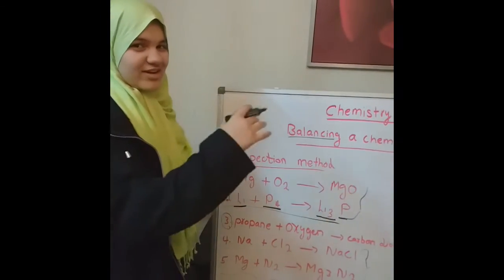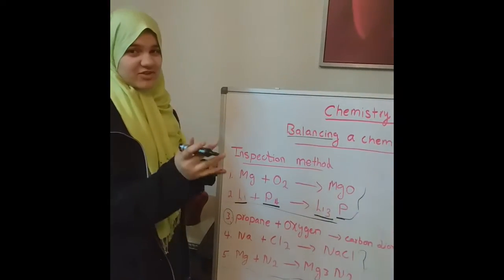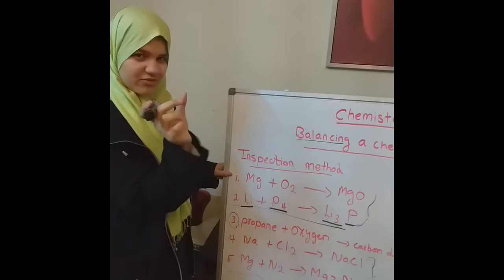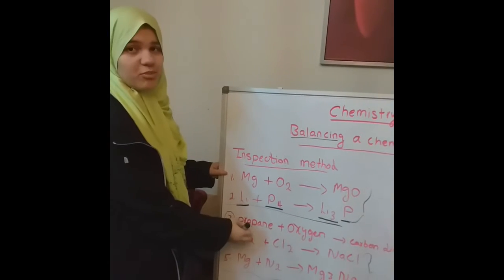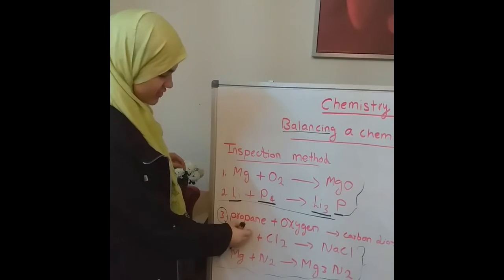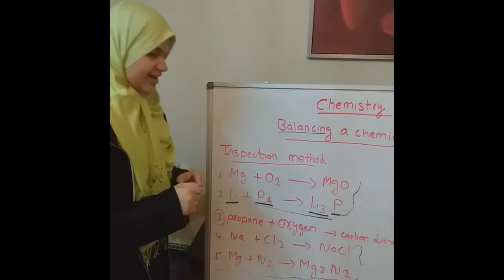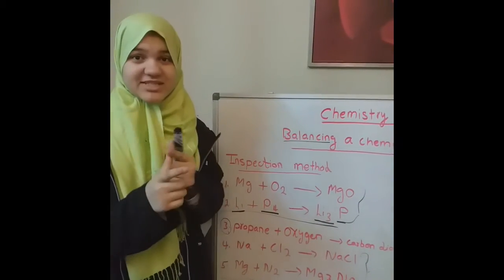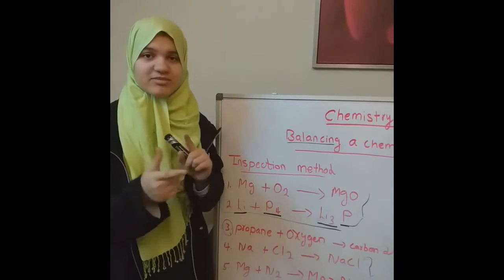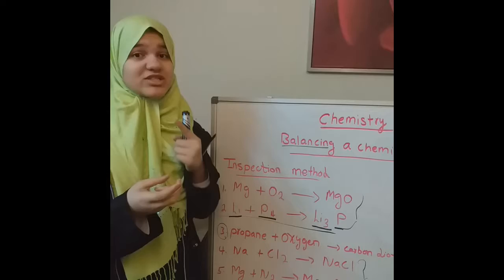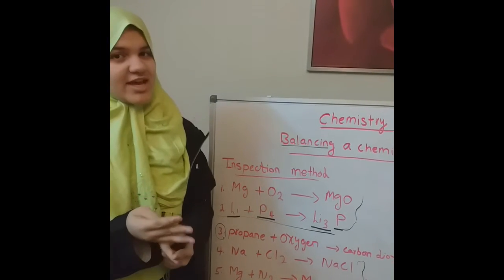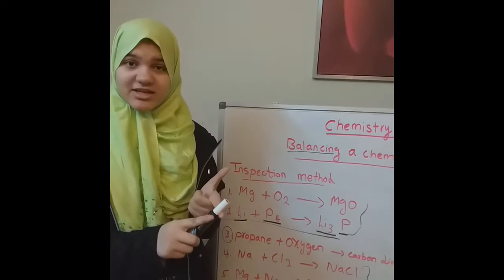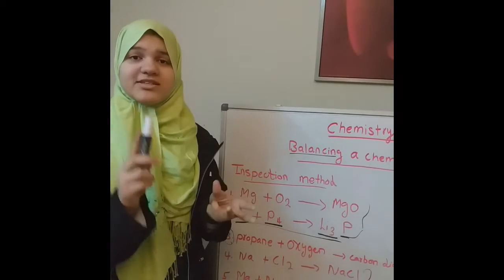I don't want to go to another unit, as we will discuss the classification of compounds in another video, but I will let you take some information about propane. First, it is 3 because there is methane 1, ethane 2, propane 3, butane 4, pentane 5, hexane 6, heptane 7, octane 8, nonane 9, decane 10.